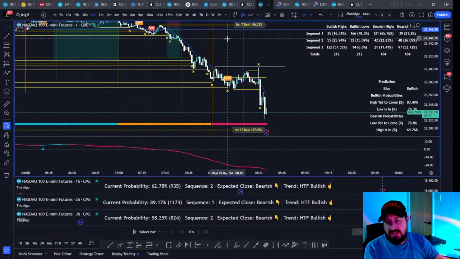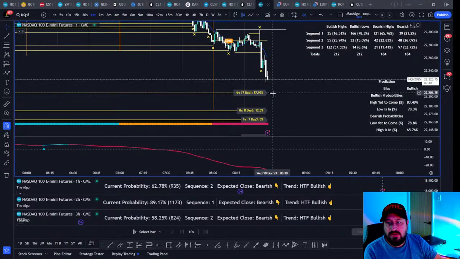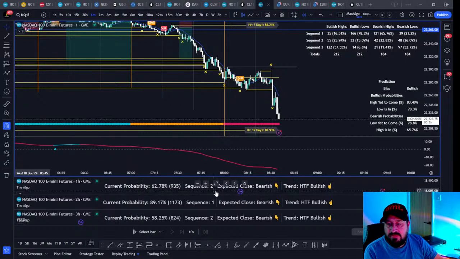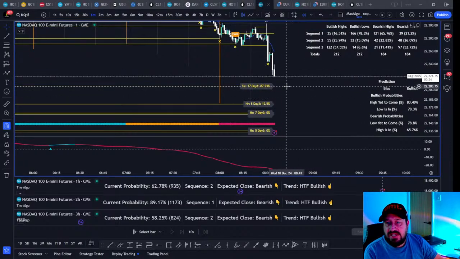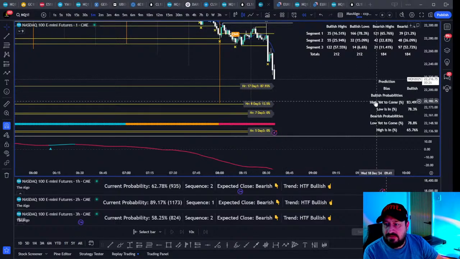It's high probability. I'm showing you the probability of more lows. I'm showing the probability of a bearish candle. Everything that I'm taking is based off of statistical advantage. It's an absolute dream.